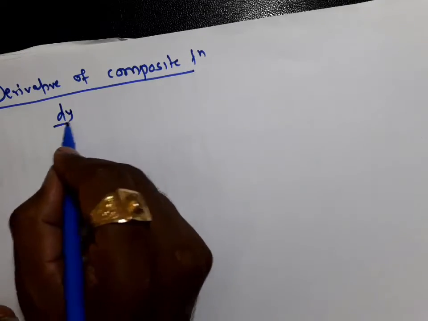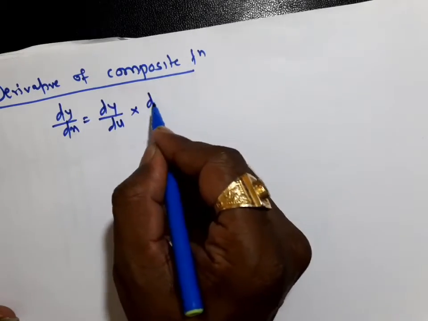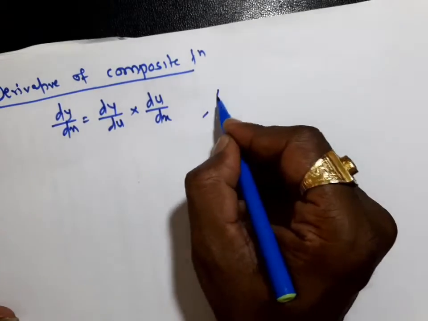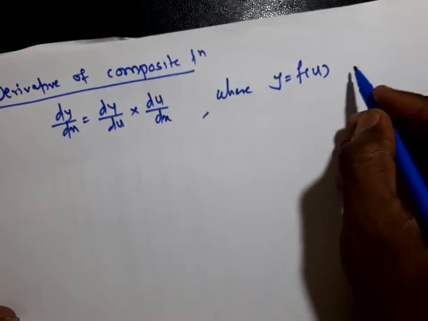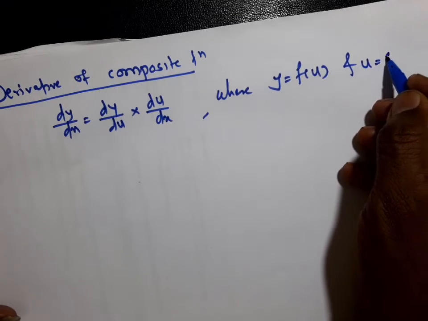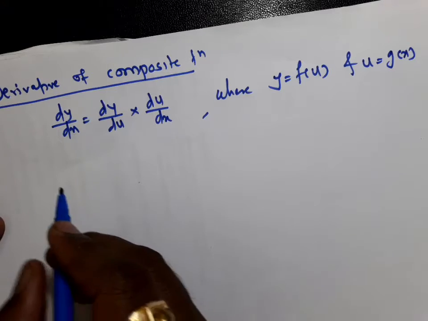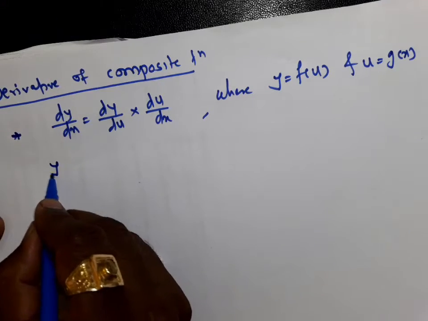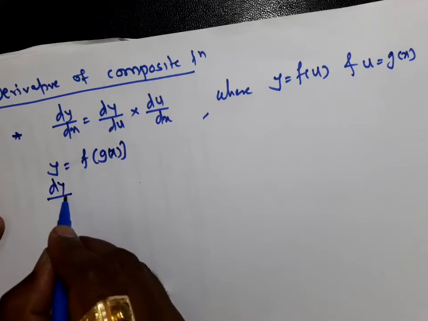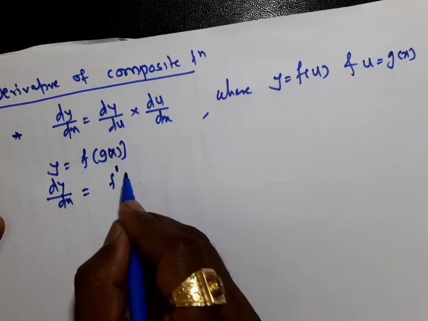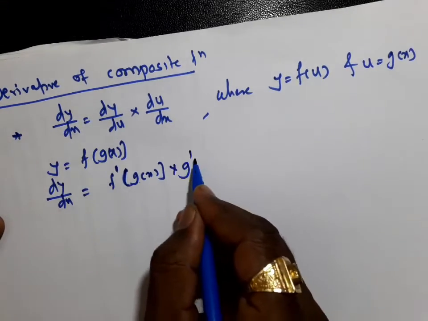That is dy by dx is dy by du into du by dx, where y is a function of u and u is a function of x. Both are differentiable, which we already proved. Another way: suppose y is a function f of g of x, then dy by dx is f dash g x into g dash x.